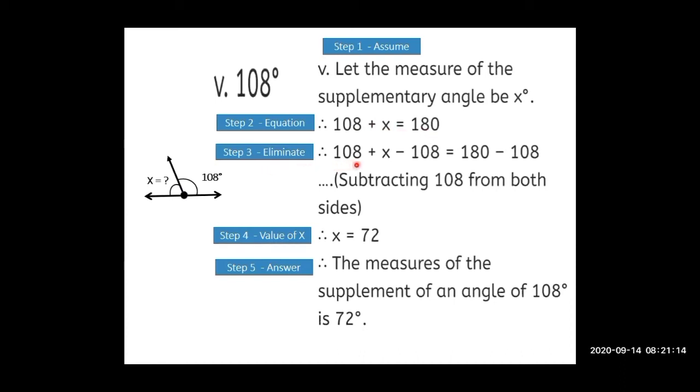Therefore, 108 plus x minus 108 equals 180 minus 108, subtracting 108 from both sides. So our fourth step is the value of x. Therefore, x equals 72, since 180 minus 108 equals 72. So our final answer is, therefore, the measure of the supplement of an angle of 108 is 72.